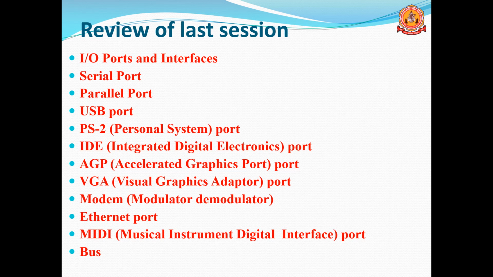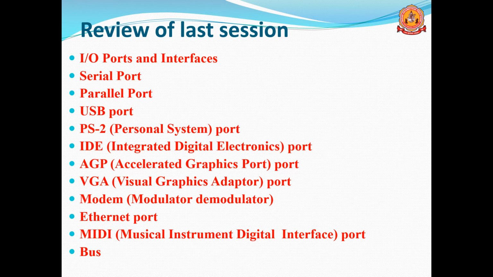Next we discussed the bus. Bus means a group of parallel wires, that is mainly used to transfer data, address and control. Data, address and control are transferred through the buses. There are mainly two types of buses. One is the system bus, or internal bus, that connects the CPU, I/O devices and the memory.